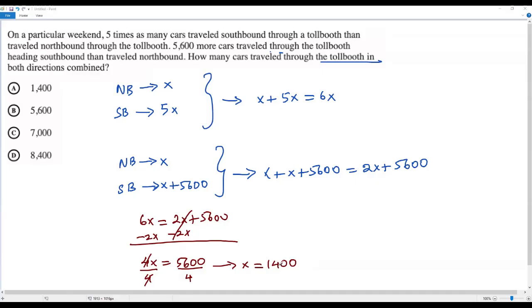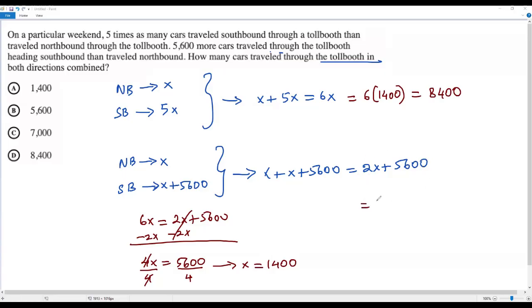Okay, now to get the number of cars through the toll booth in both the directions combined, I have to plug in x equals 1,400 over here. So let me do it. When I do so, 6 times 1,400. Okay, when I multiply 6 and 1,400, I am getting 8,400 in this one. Even if I plug in x equals 1,400 in this one, I'll be getting the same result.